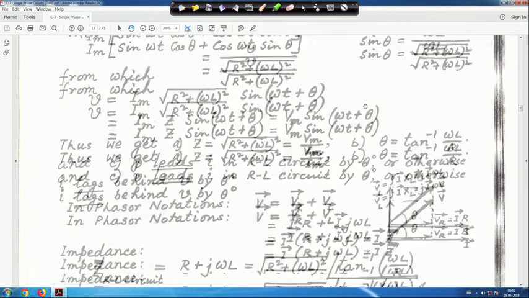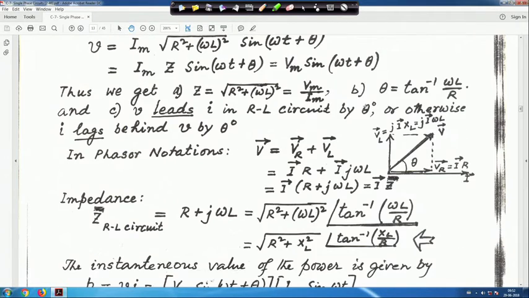Therefore, here it is given that theta is equal to tan inverse omega L by R. In this case, we took I is equal to Im sin omega t.